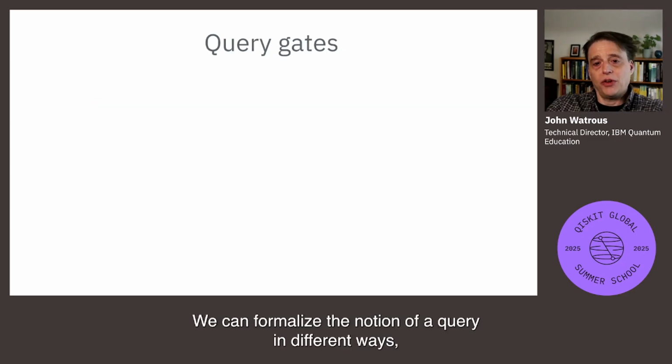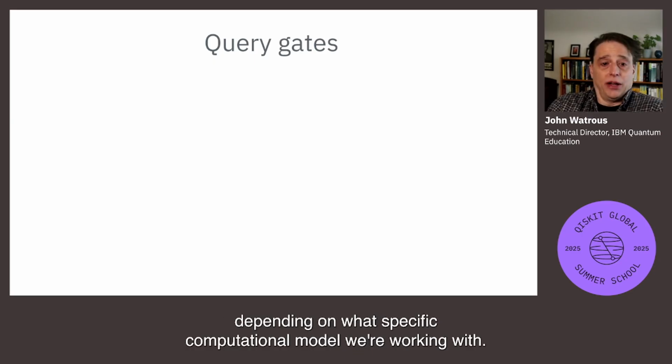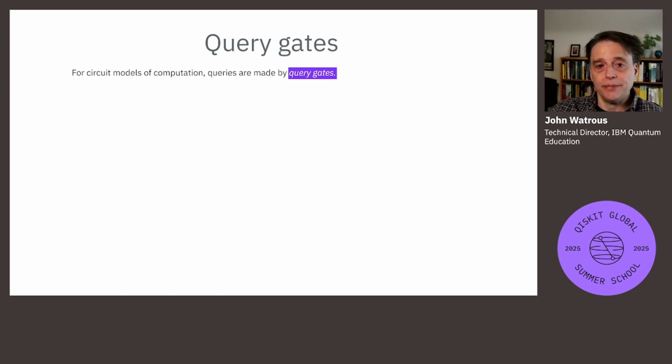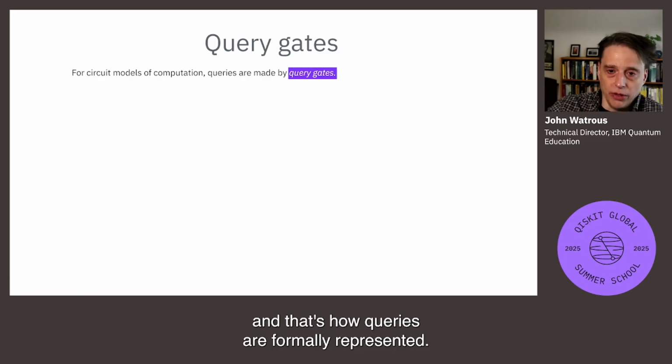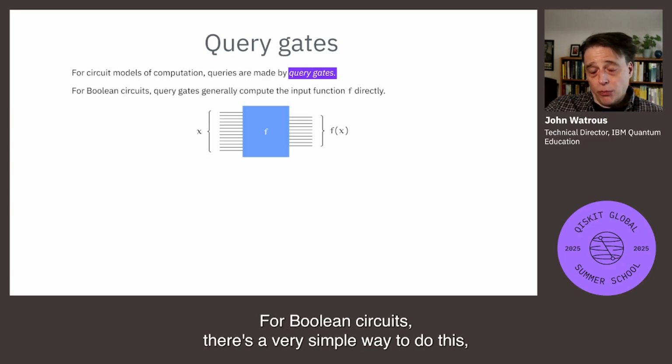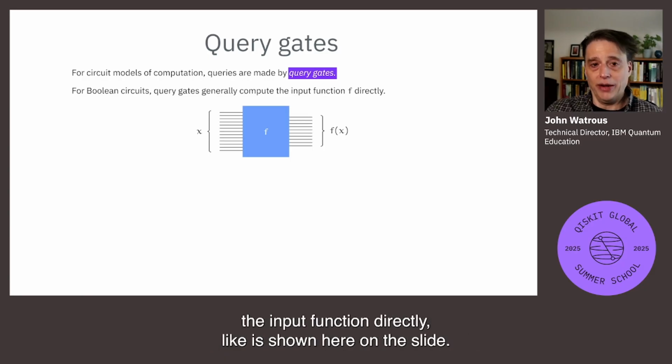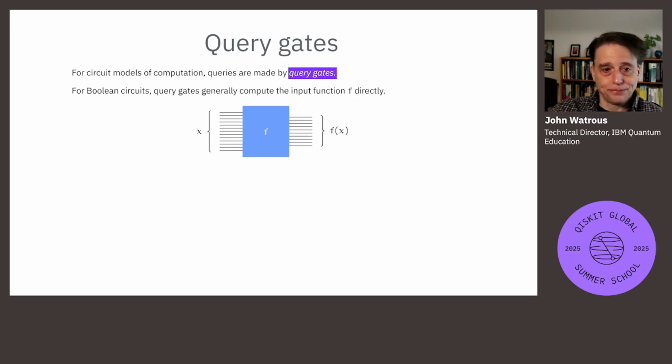We can formalize the notion of a query in different ways, depending on what specific computational model we're working with. For circuit models, we define special types of gates called query gates, and that's how queries are formally represented. For Boolean circuits, there's a very simple way to do this, which is simply to imagine that we have query gates that evaluate the input function directly, like is shown here on the slide.